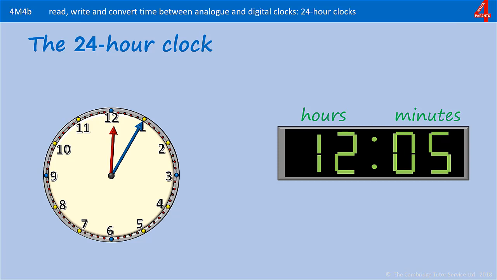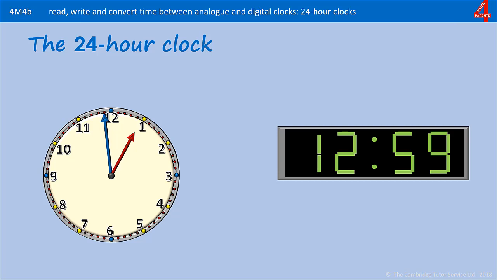From 12 o'clock until 1 o'clock, it moves round the same as it does with the 12-hour clock, showing the minutes past 12. As we get nearer to 1 o'clock in the afternoon, things change with the 24-hour clock. Here it's 12:59 in the afternoon, 1 minute until 1 o'clock in the afternoon.